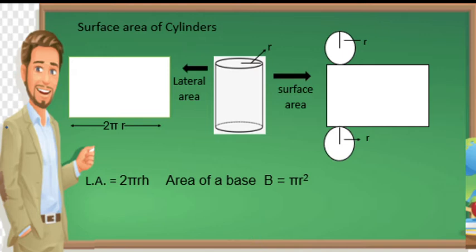And the area of the base is equals to pi r squared. So this is the area of a circle. This one. So since there are two, to get the surface area, that is equals to the LA plus 2 times the area of the base.